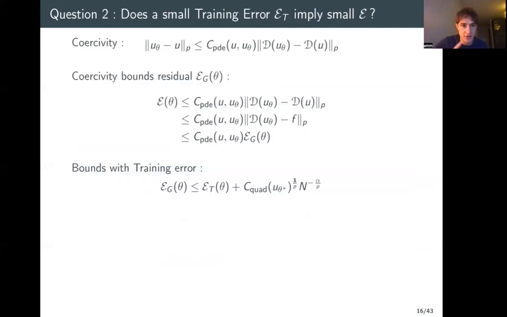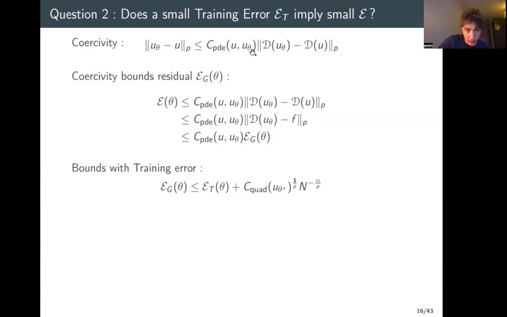Now we can ask ourselves the second question: if our training error is small, does that actually imply closeness to the solution? By using the same type of coercivity, where here we no longer have the Sobolev norm, but just a simple L2 norm.